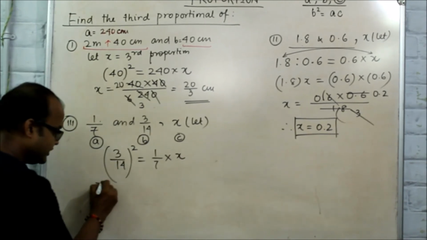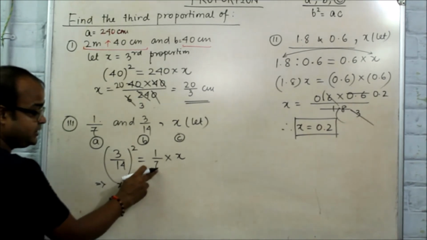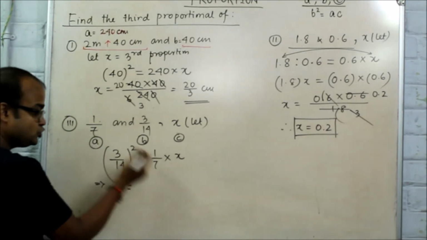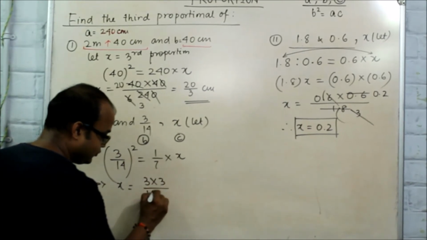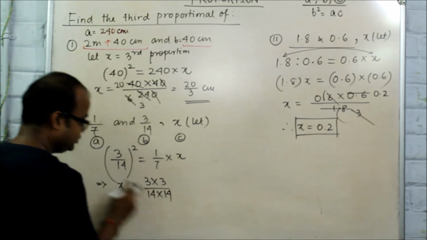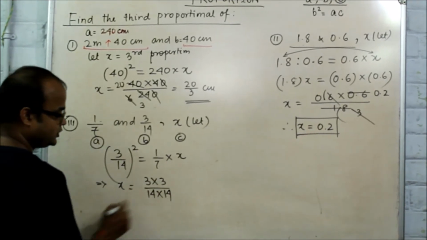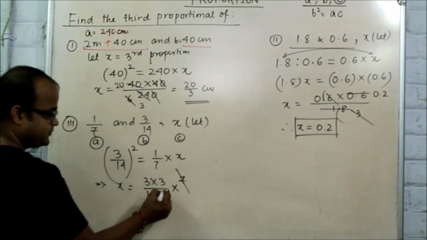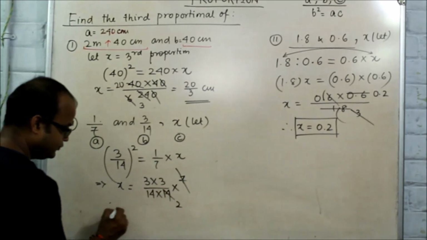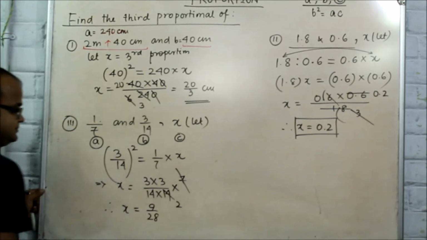Clear? So we can say that x is equal to, this 7 in the denominator, when it changes the side, it will go to the denominator. So 3 into 3, 14 into 14. You can write 3 by 14 square as 3 times 3, 14 times 14 multiplied by 7. 7 1s are 7, 7 2s are 14. Therefore, x is equal to 9 by 28.